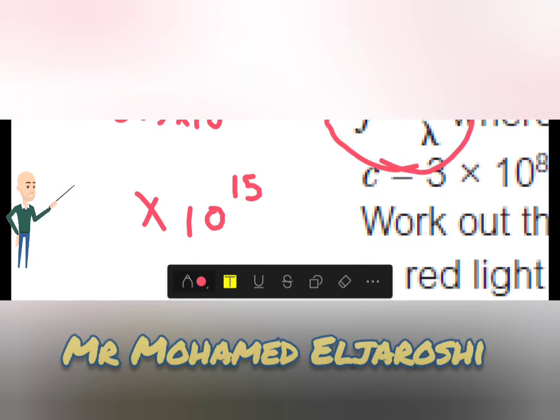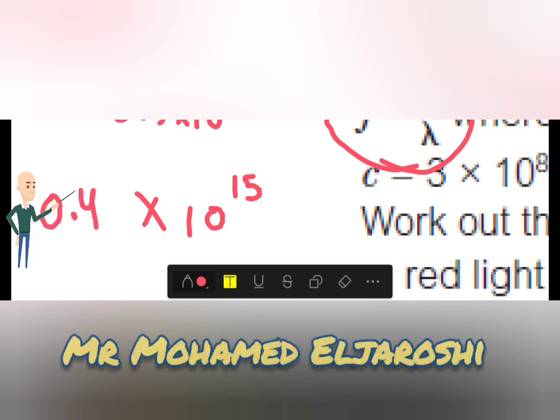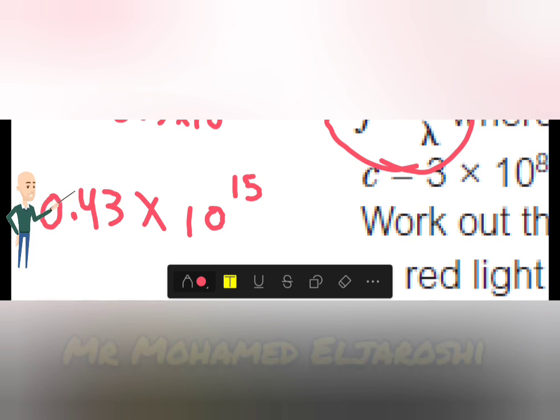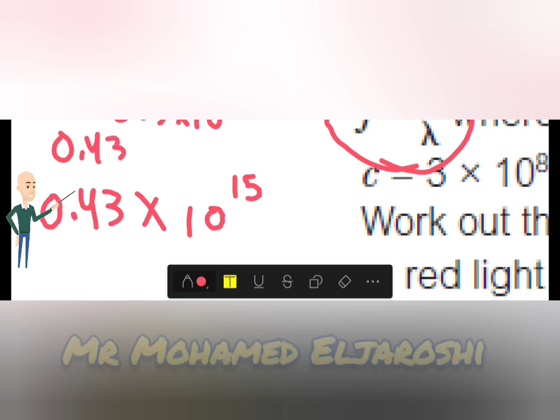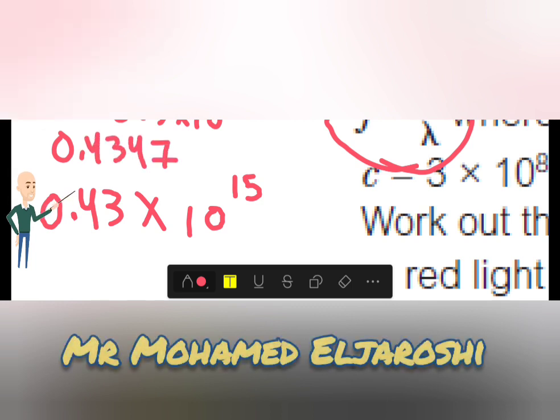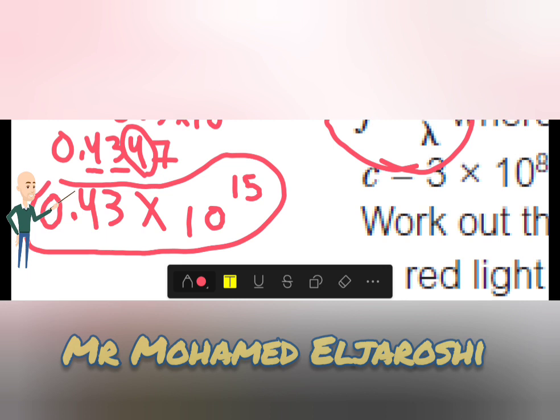It means 0.43, and the other one is 4, and the 4 is small, so we don't need it, because it won't change the 3, because the answer of the division is 0.4347, and we want 2 significant figures, so 4 and 3, and because the 4 is small, we don't need it anymore. Now, this answer here, is it in standard form?